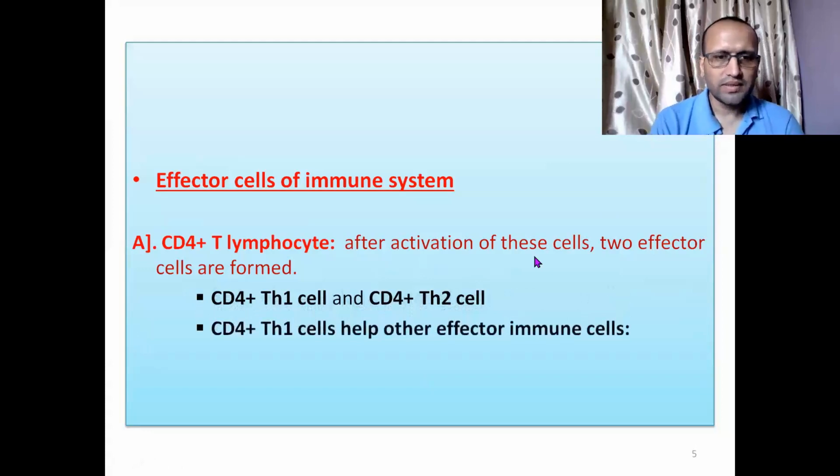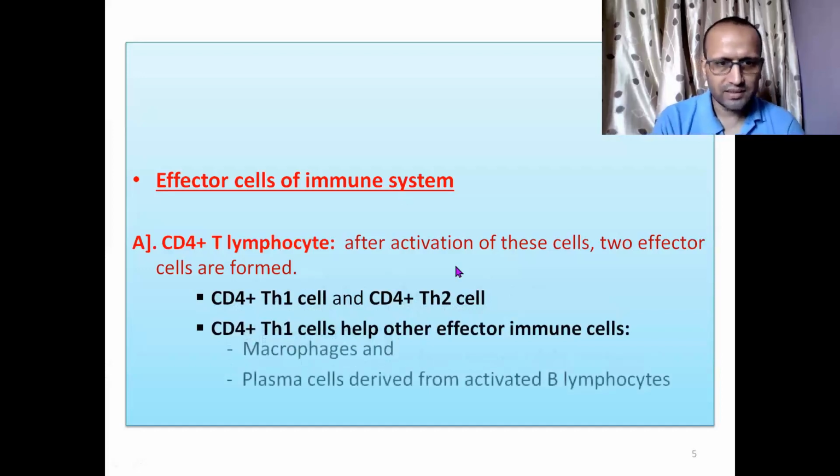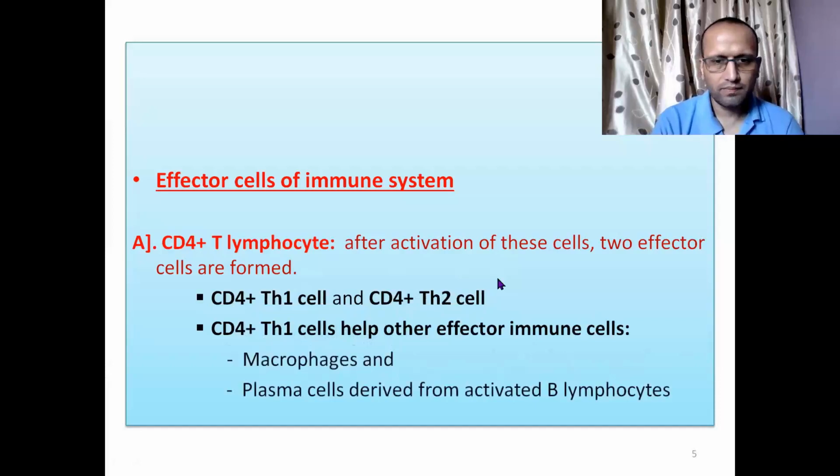CD4 positive Th1 cells help other effector immune cells. So what are the other immune cells which are effector immune cells? These cells are macrophages and plasma cells. Plasma cells are derived from activated B lymphocytes.